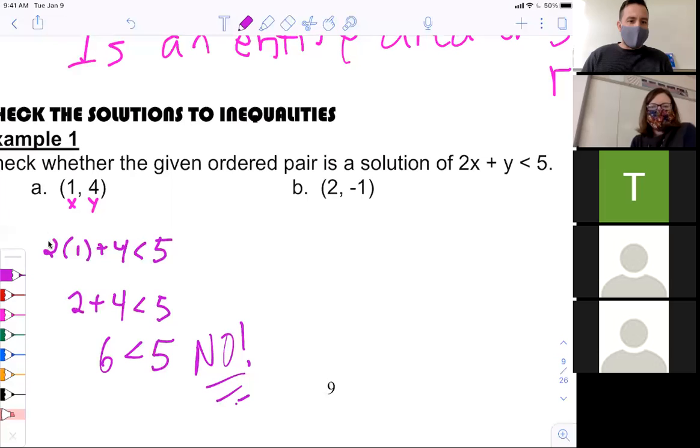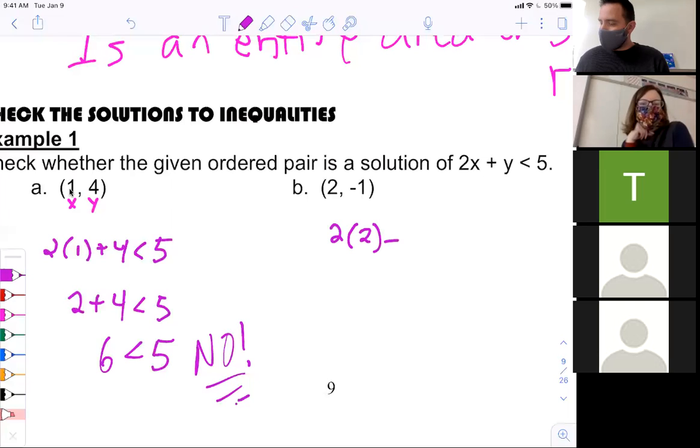Good. Bill, what do we plug in for part B? Can you tell me what to write down? 2 for the x and then -1 for the y. Okay. So we get 2 times 2 is 4 minus 1.